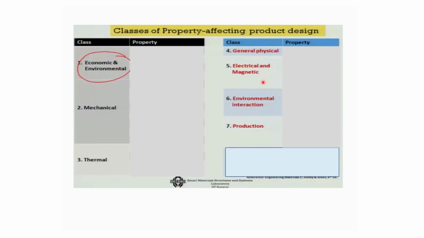Number 5 is electrical and magnetic, number 6 is environmental interaction, number 7 is production, and number 8 is aesthetic. All these classes of property are very important for design consideration.